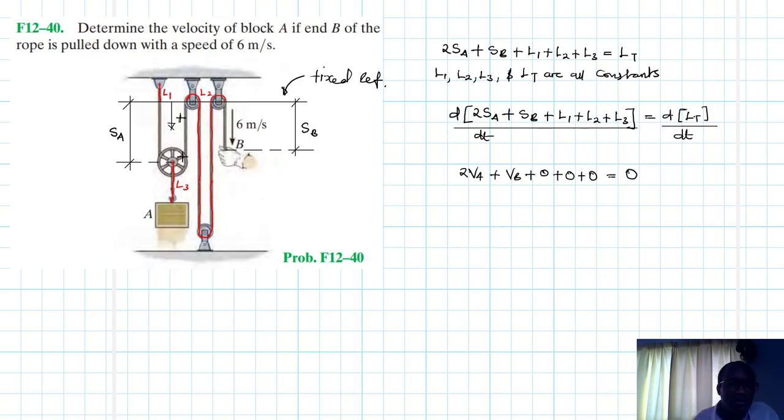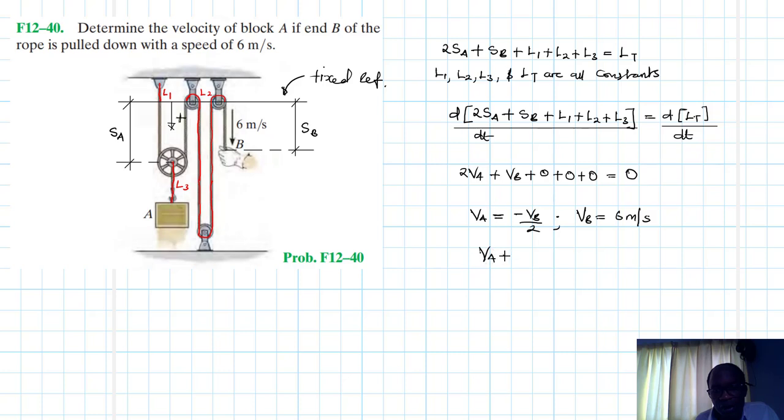Mind you, we want to find VA, so VA will be equal to minus VB divided by 2, and our VB is already given to us. It is 6 meters per second.